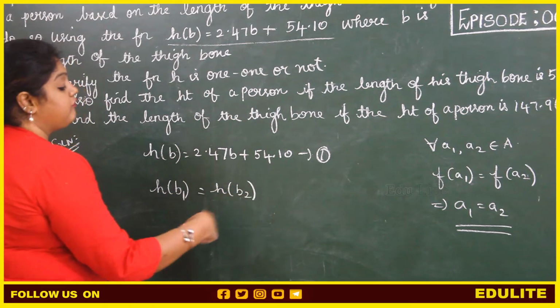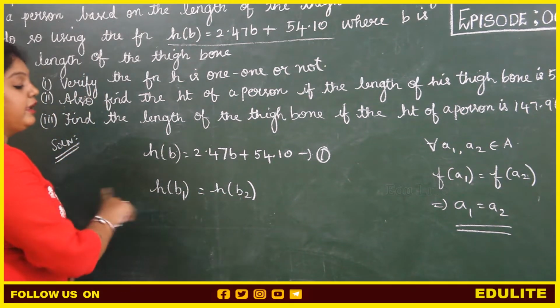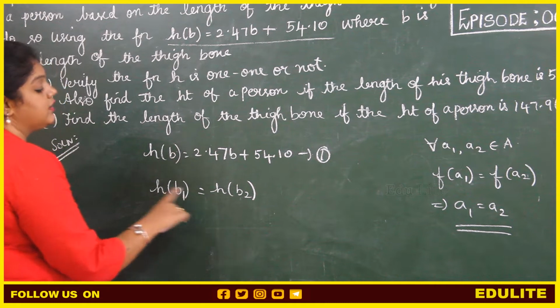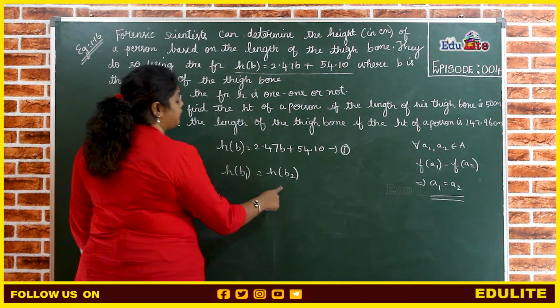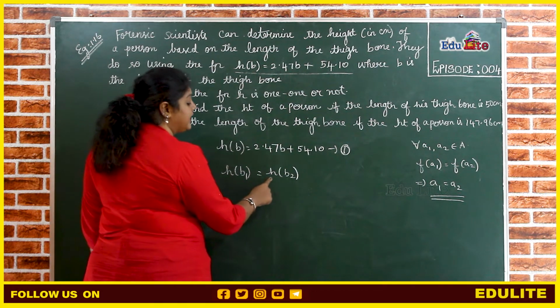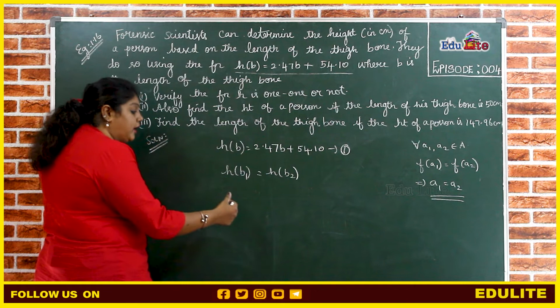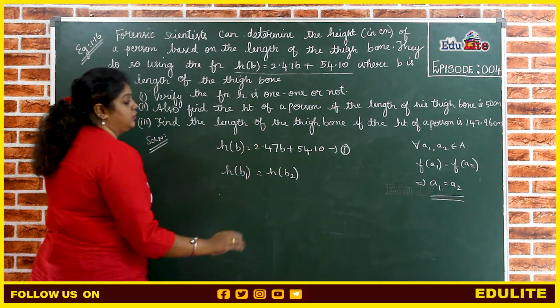From this, if we can bring b1 equals b2, then h is called one-to-one. If not, then we say h is not one-to-one. If we cannot bring b1 equals b2, then h is called not a one-to-one function.